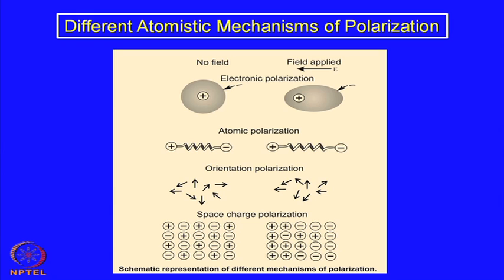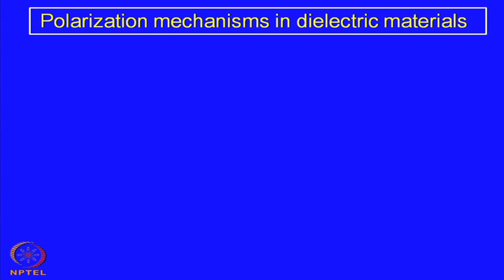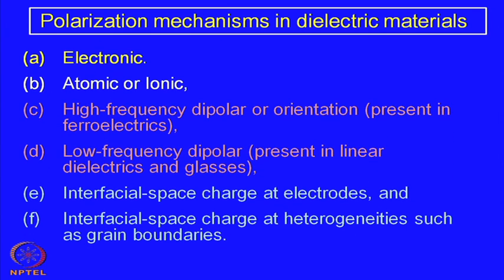We have discussed 4 different mechanisms of polarization, namely the electronic polarization, atomic polarization or ionic polarization, orientation polarization, and also space charge polarization. We have also looked, very briefly, at a little sub classification of these 4 types of polarization. 2 of them have been subdivided into 2 groups each, particularly the orientation polarization.